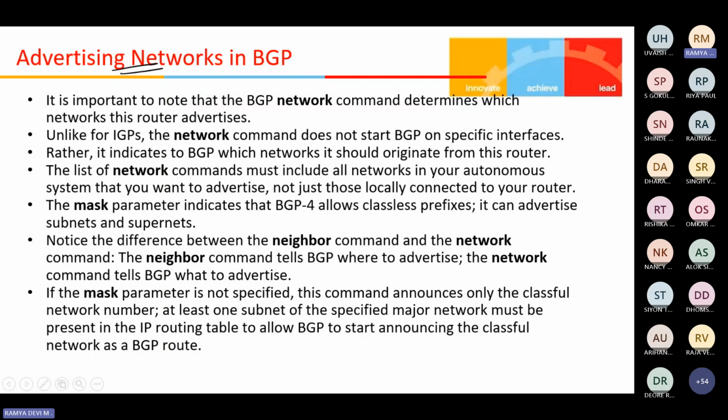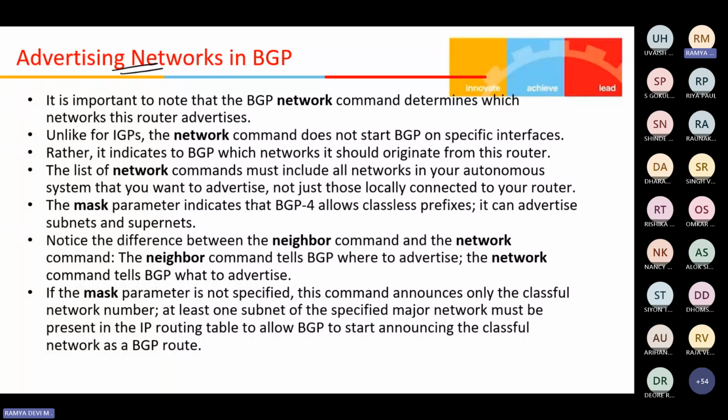So it is not limited to directly connected networks. So what is the limitation? What is the condition? The network must already be there in the routing table, or else it cannot be advertised. BGP4 supports classless prefixes as well. Before that, versions used only classful.